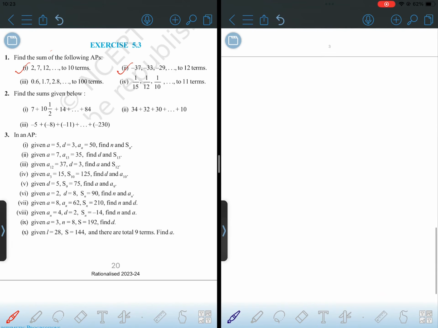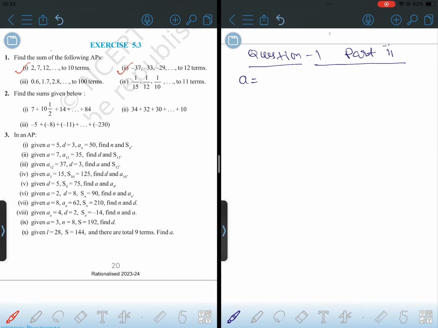So we are now solving question number 1, part 2, right? In this same thing, we are given an AP which has first term as minus 37, that is a is equal to minus 37.